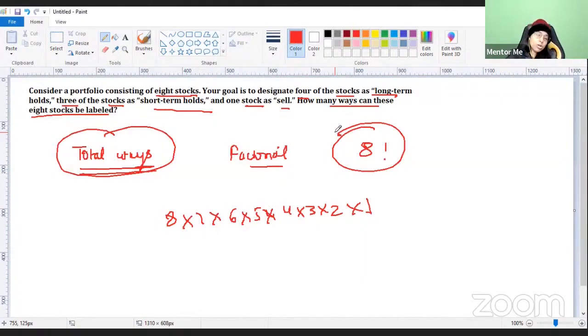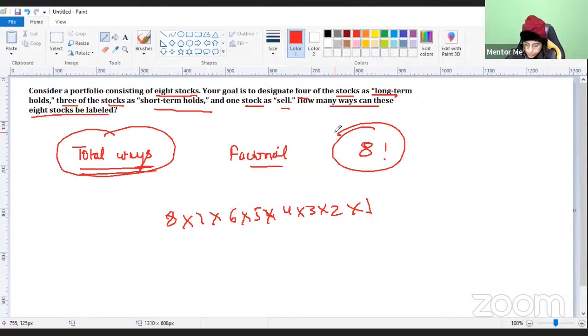Now if we talk about your calculator, your calculator has a facility, by using which we can avoid all these calculations. So for that, what will we do?